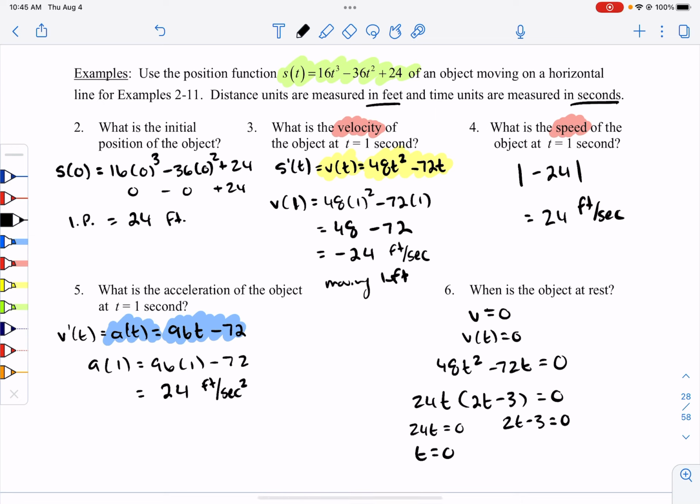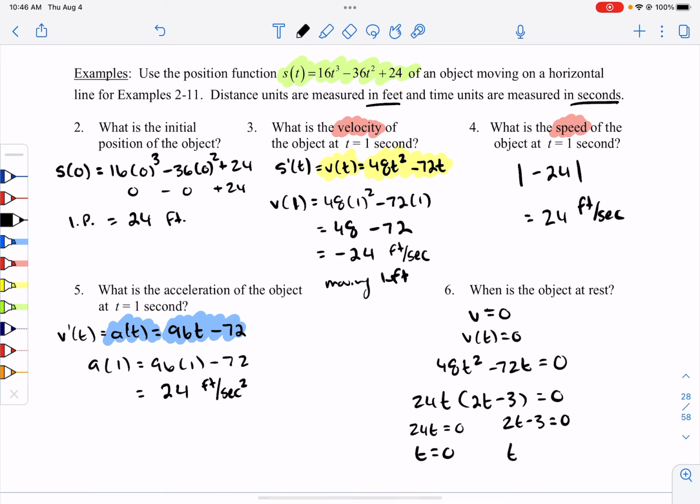So at time 0, my object is not moving. And I was just thinking, I thought earlier we found out that it was moving, but it wasn't. That was at 1 second. We were talking about it like it was at 0 seconds.